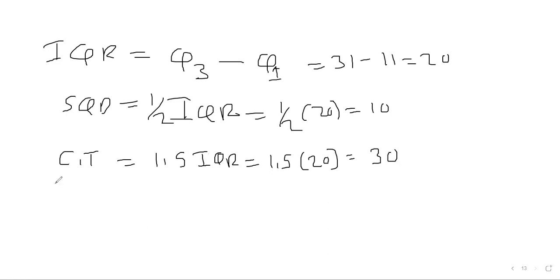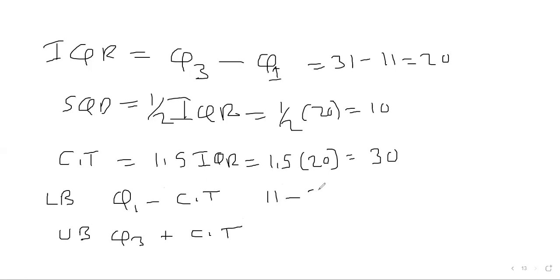So this correction term lets us find the lower bound and the upper bound. The lower bound is simply Q1 minus the correction term. The upper bound is simply Q3 plus the correction term. Our Q1 was 11, so 11 minus 30 is our lower bound, negative 19.